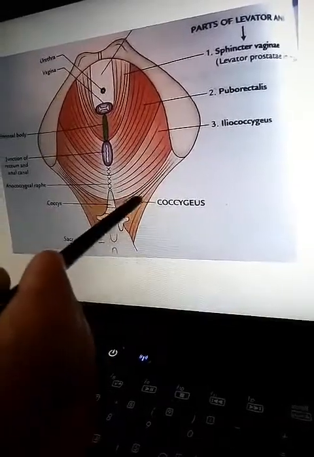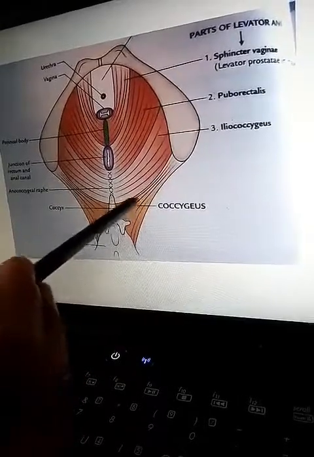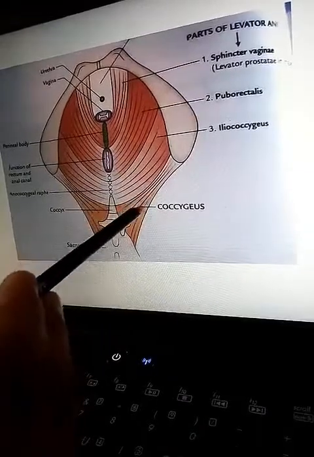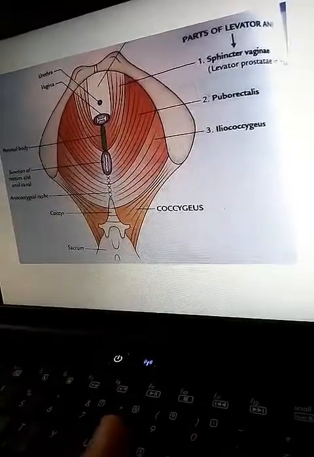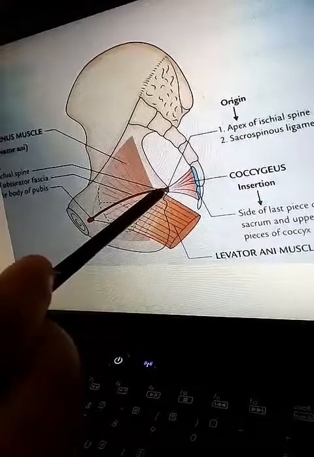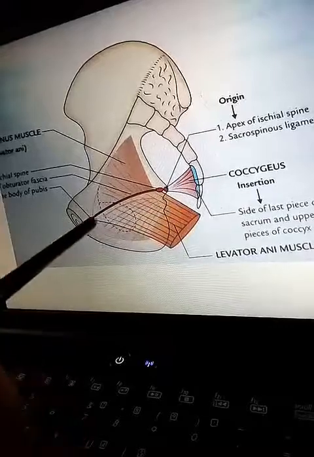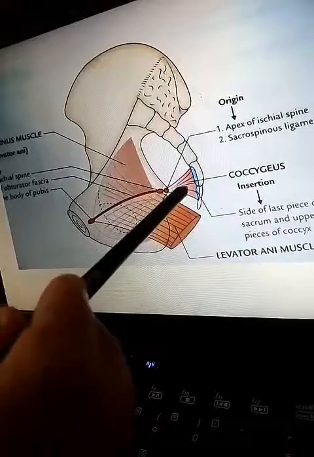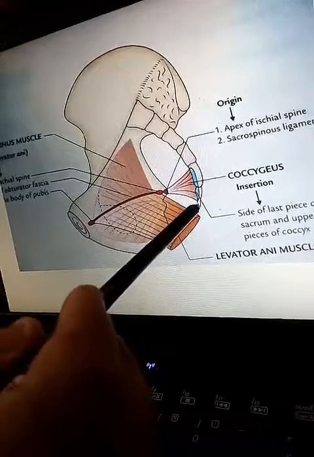Another muscle is the coccygeus muscle, also known as ischiococcygeus. It is a small triangular muscle situated behind the levator ani. It arises by its apex from the pelvic surface of the ischial spine and sacrospinous ligament, and from its base it inserts into the sides of the upper two pieces of coccyx and the last piece of the sacrum.